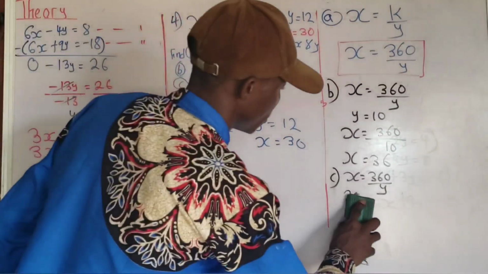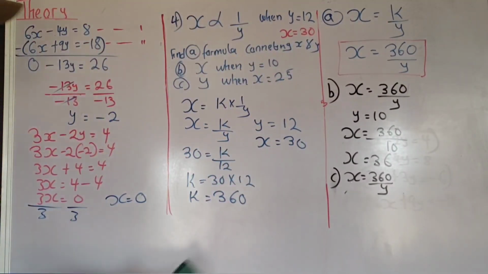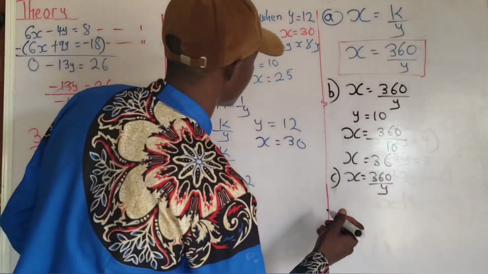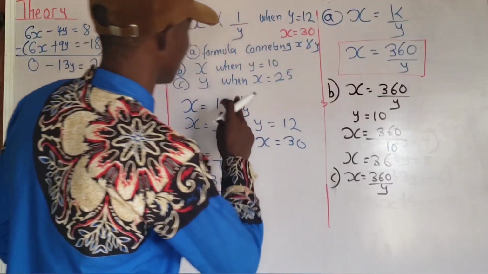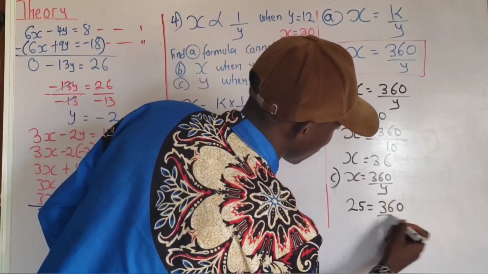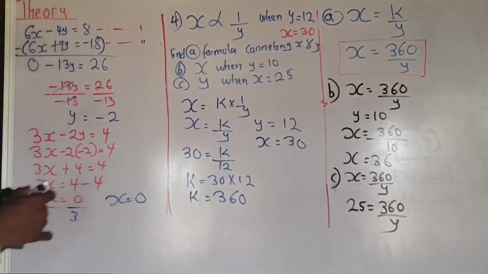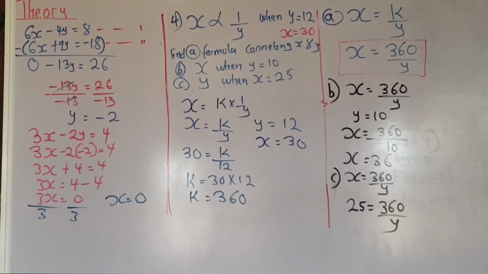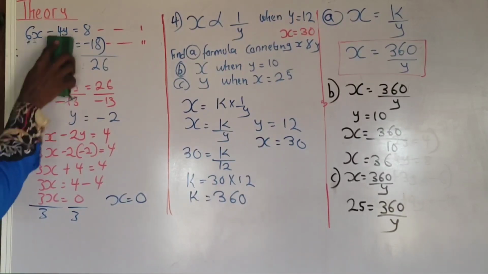So 25 is equal to 360 all over y. Okay, from that point you can cross multiply. Let us erase this.